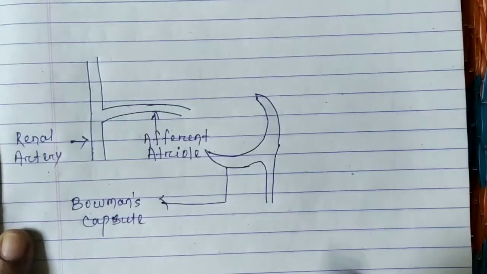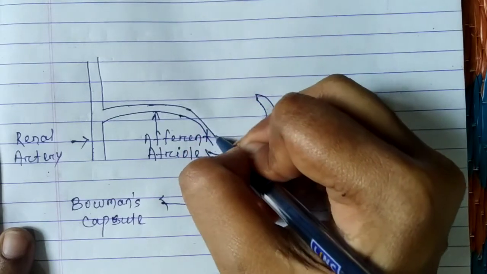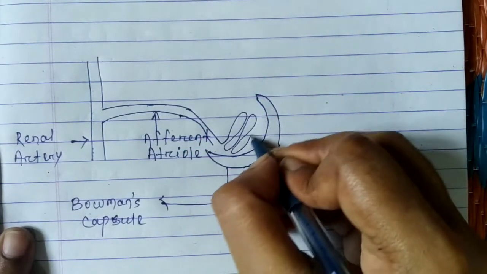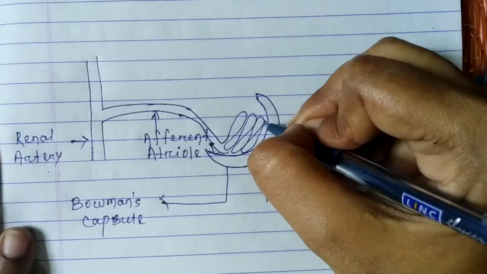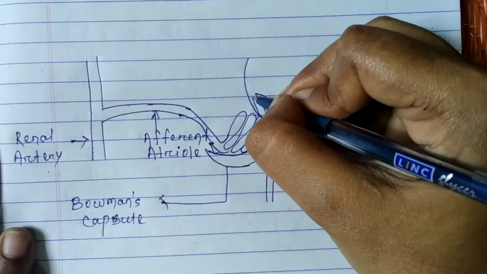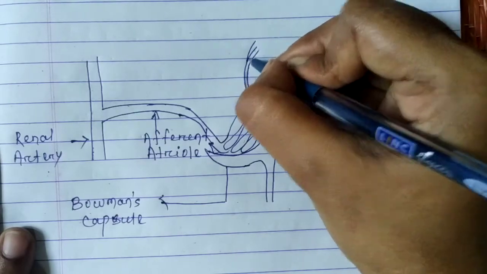Now the afferent arteriole inside the Bowman's capsule is converted into a network of blood capillaries, and it exits the Bowman's capsule as efferent arteriole.